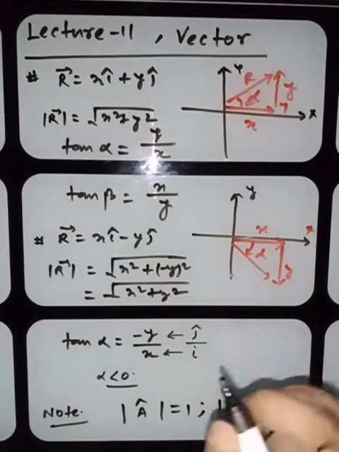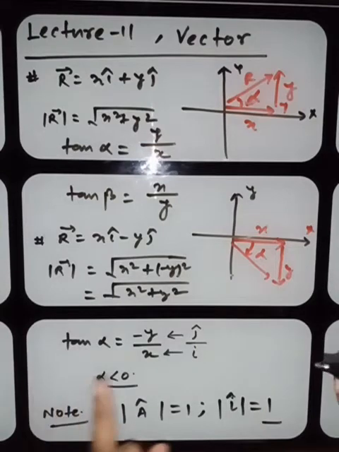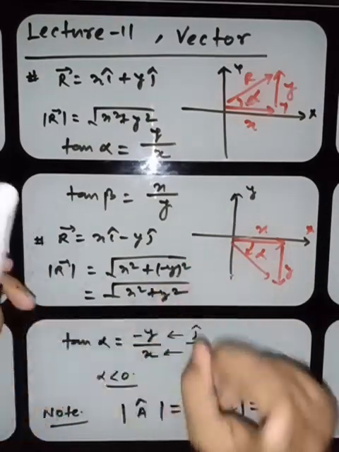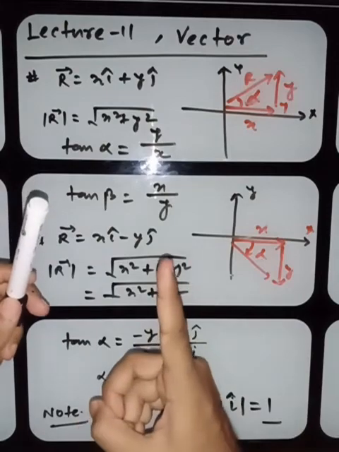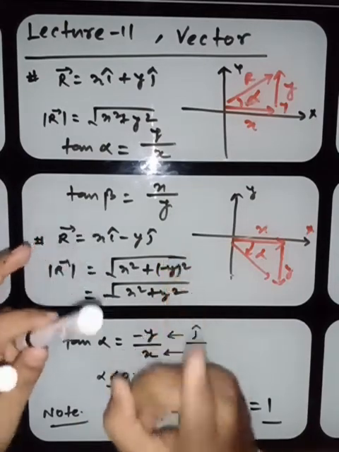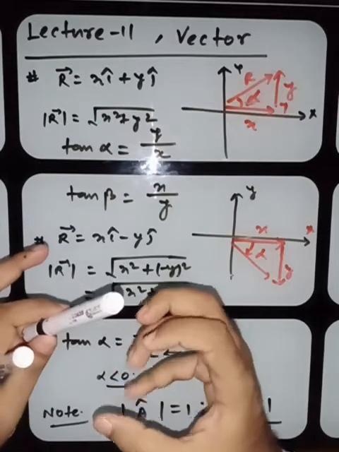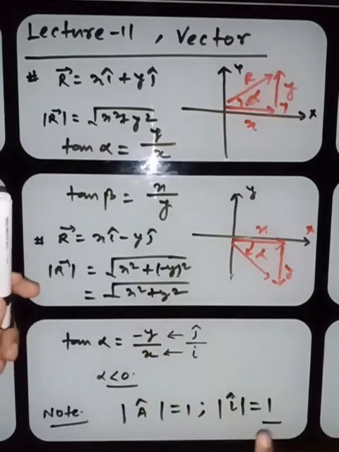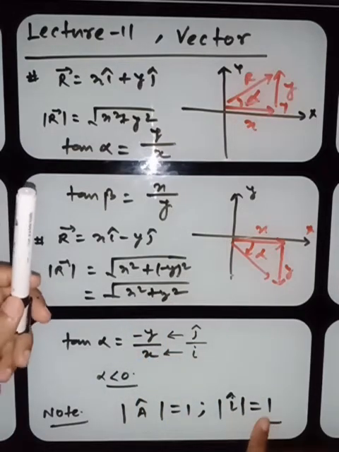The magnitude of any unit vector, whatever it may be, a cap, i cap, j cap, is 1. Why? Because we know that one vector will have only one magnitude and only one direction. The value of magnitude can be anything, but the direction is only one. That's why here the magnitude is 1.